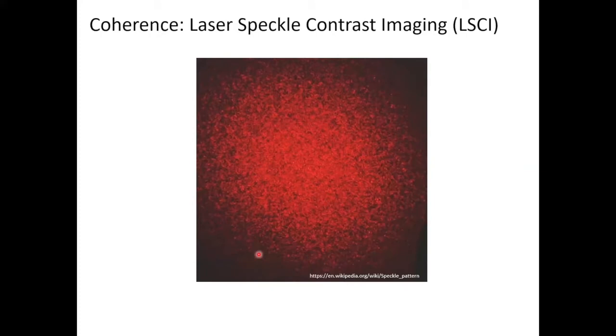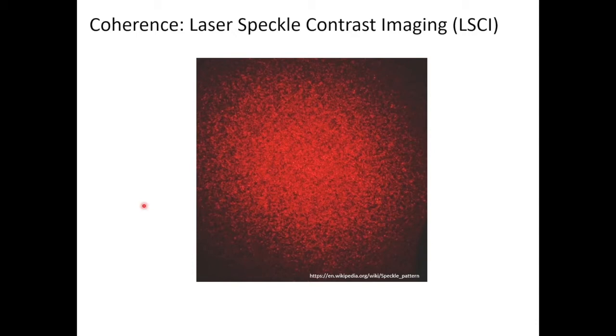One of the first and simplest technologies that take advantage of coherence is what we call laser speckle contrast imaging. This very inhomogeneous pattern here is called a speckle pattern. That's what you would get if you projected a laser light beam onto a wall. Several of you have probably seen something like this before.